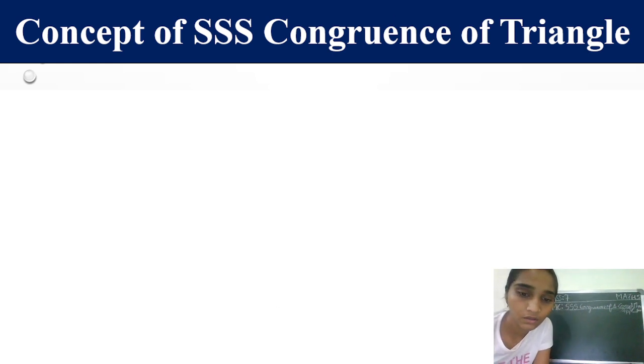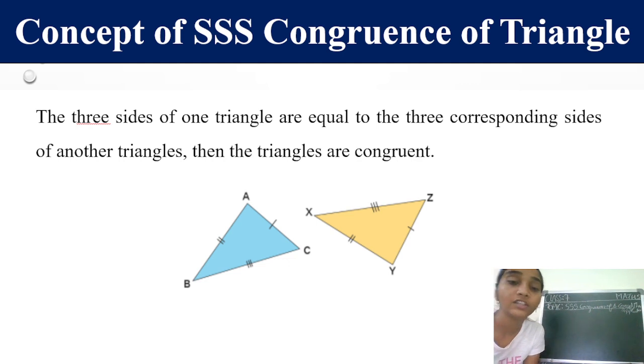Okay, so students, what do we basically mean by SSS congruence of triangles? Yes, you must be guessing it correctly: if all the three sides of one triangle are equal to the three corresponding sides of another triangle, then we can say that the triangles are congruent to each other. So if I draw a triangle like this, on the board I am drawing triangles.